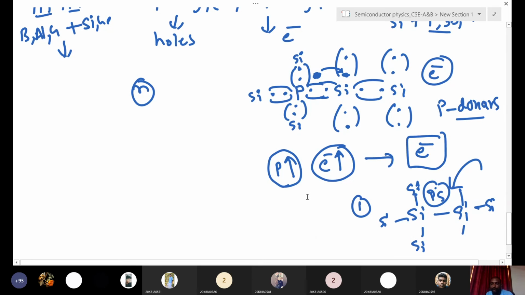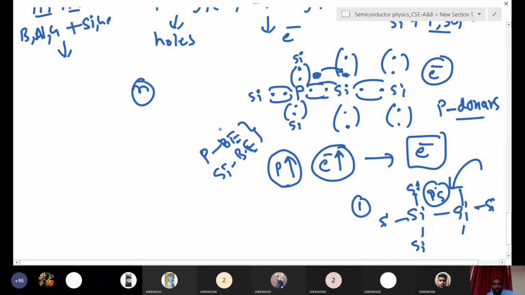If you increase the phosphorus atoms, more free electrons are available, or these free electrons replace another electron in a covalent bond. The binding energy of phosphorus is different from silicon.